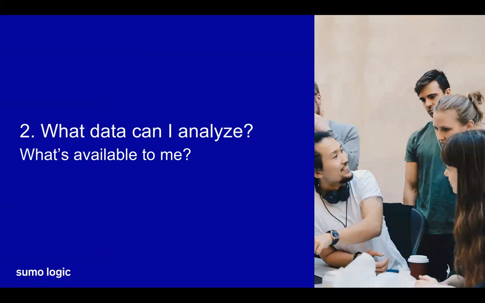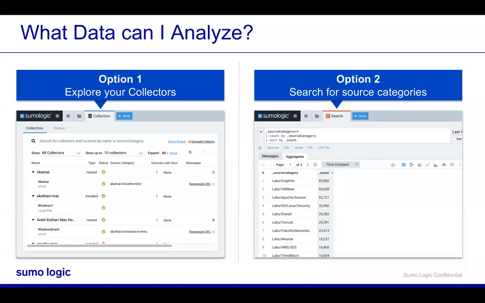So really, what data can I analyze inside Sumo Logic? What's available to me? You have two options. You can utilize the collectors to look at what you have in data sources to choose from, or option two, you can utilize a query to search for source categories, like you can see here.